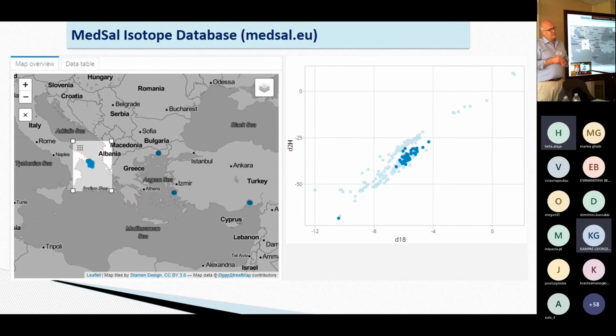Now, first of all, we see that the dark samples have the Mediterranean waterline shifted a bit higher, like plus 20, and we have the Atlantic global precipitation waterline, and the Italian samples correspond to vapor from the Atlantic. So the water source that you get here is from the Atlantic.